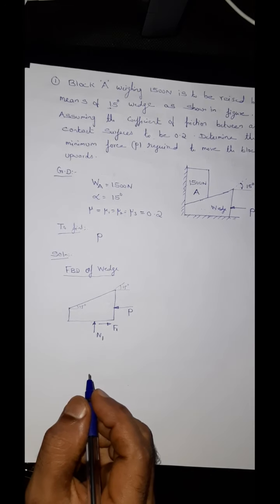And there is a contact between the wedge and the surface, so there will be a normal reaction N1. When the wedge moves towards the left hand direction, the friction will be opposite to that, so the friction will act in the right hand direction, clear?